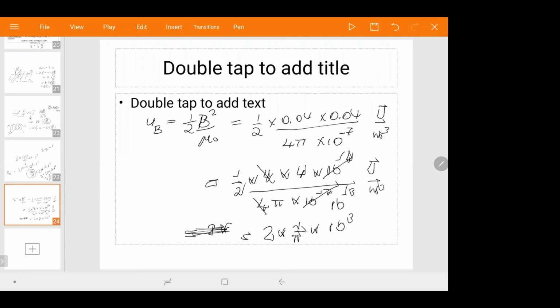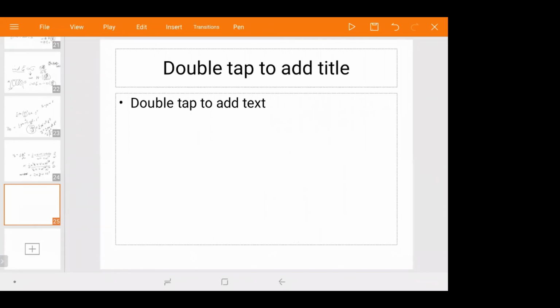I would like to go to another page. All right. So you have here 1 over 2, 2 times 1 over pi times 10 to the power of positive 3.